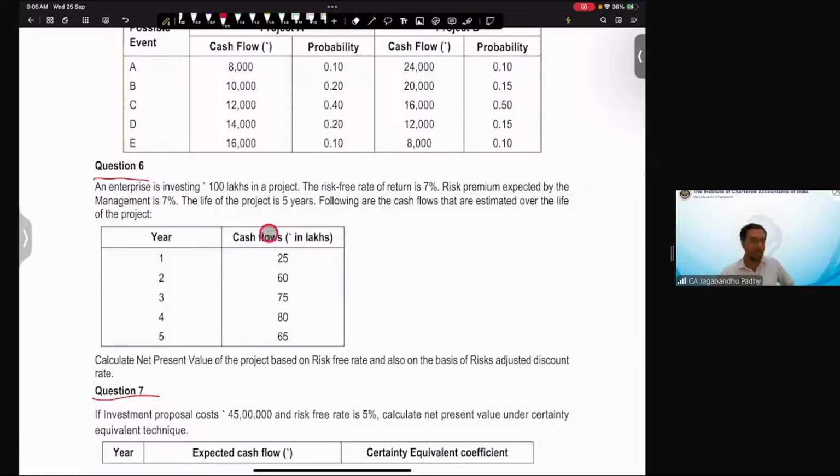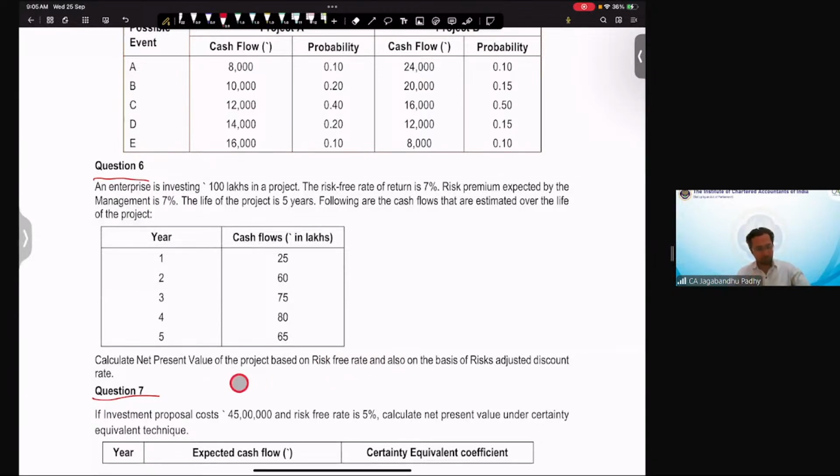The risk premium expected by the management is 7%. So we have a risk-free rate of 7% and also a risk premium which the management needs of 7%. The life of the project is 5 years. Following are the cash flows estimated over the life of the project. Calculate the NPV based on the risk-free rate and also on the basis of the risk-adjusted discount rate.